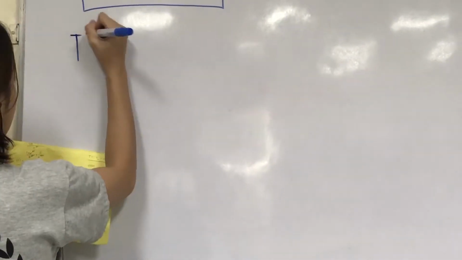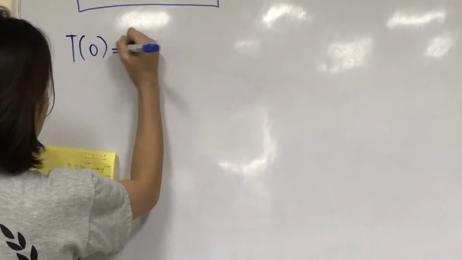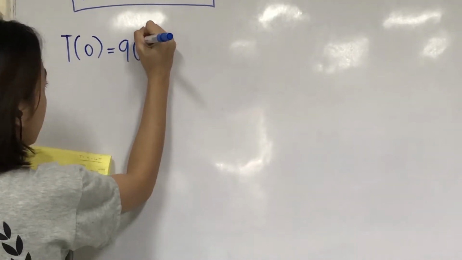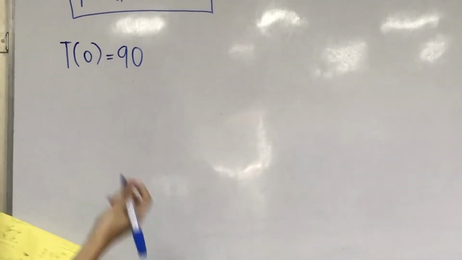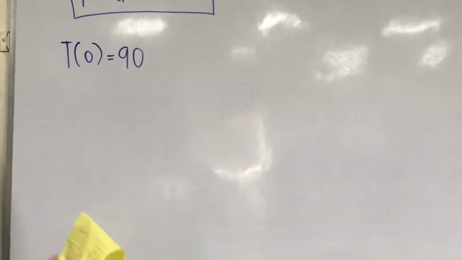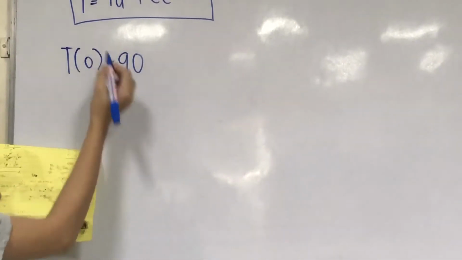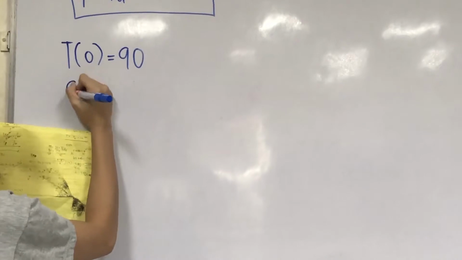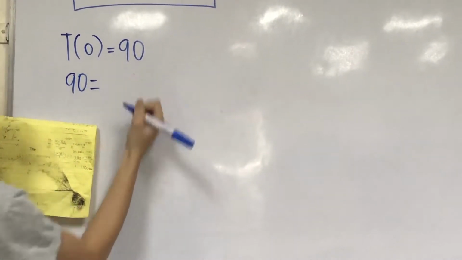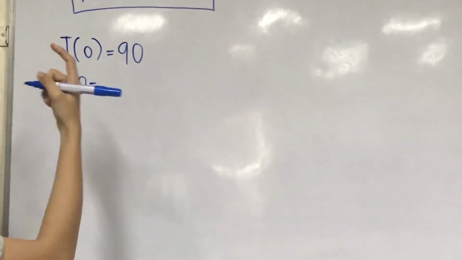We all know that the initial temperature is 90. So we plug in the values that we get from the system that we have, where T is equal to 90 and the ambient temperature is 20.